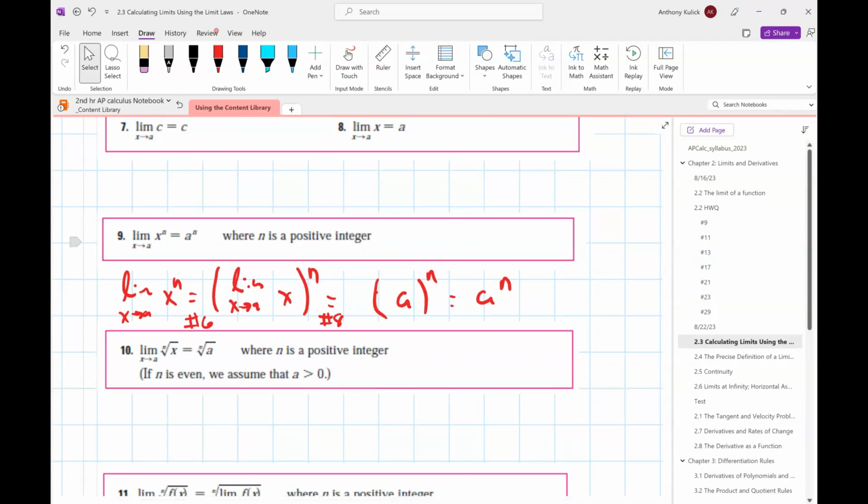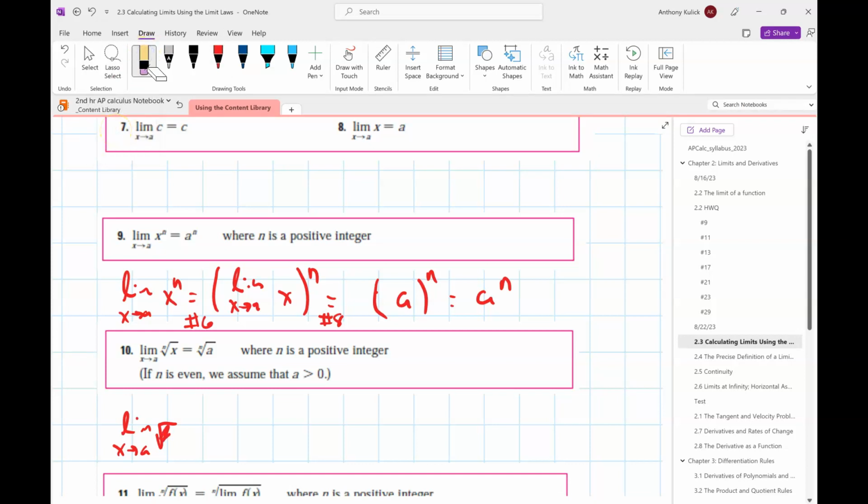So if I look at 10, 10 is the same as 9. How would I prove that? I can prove 10 just using 9. Does anybody remember how to, or think of how to do that?